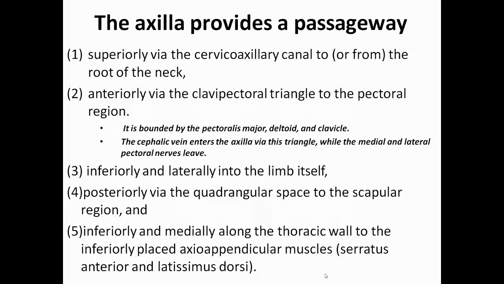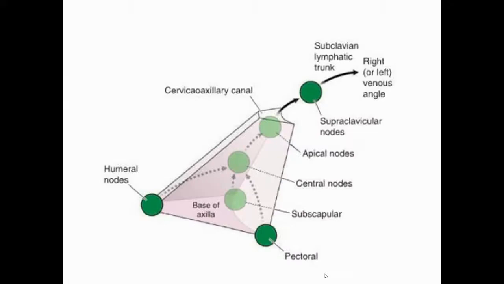It is bounded by the pectoralis major, deltoid, and clavicle, and the cephalic vein enters the axilla via this triangle, while the medial and lateral pectoral nerves lead inferiorly and laterally into the limb itself. Posteriorly it leads via the quadrangular space to the scapular region, and inferiorly and medially along the thoracic wall to the inferiorly placed axioappendicular muscles, that are serratus anterior and latissimus dorsi.